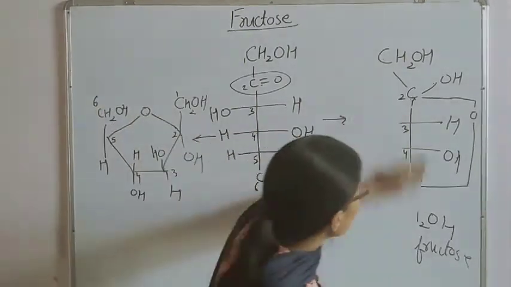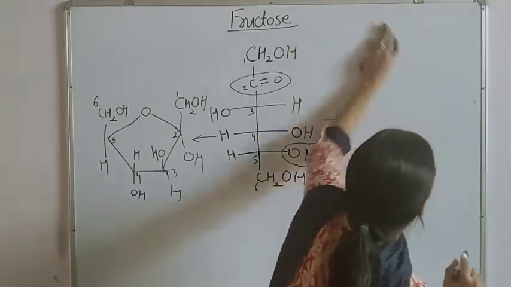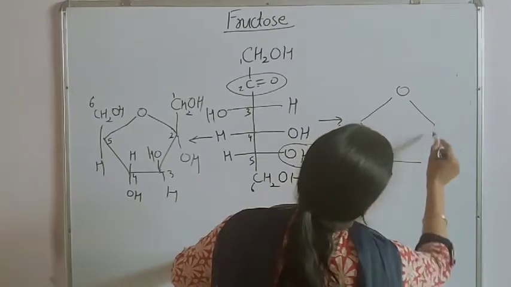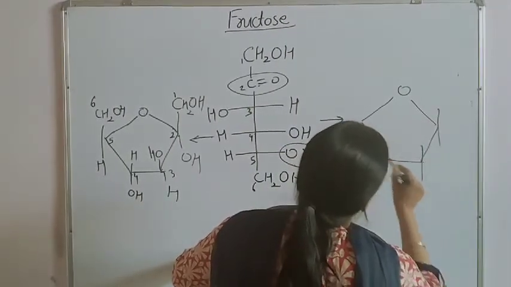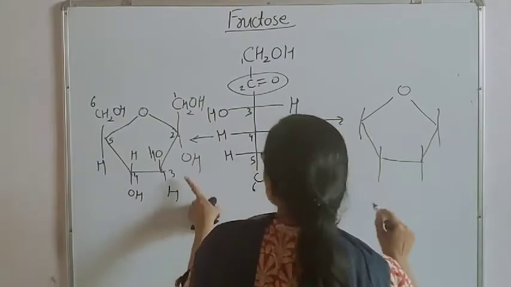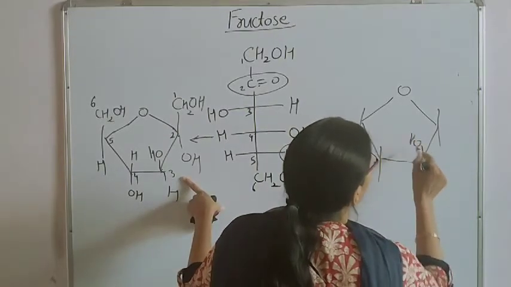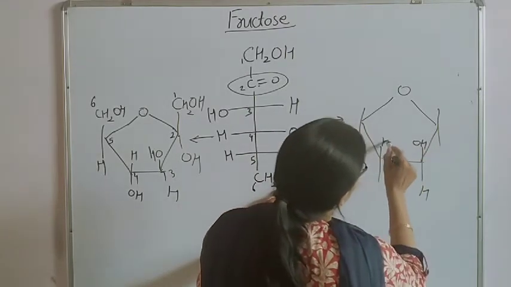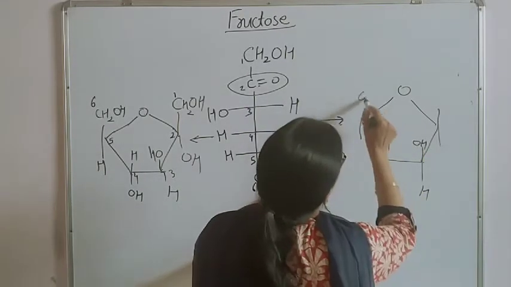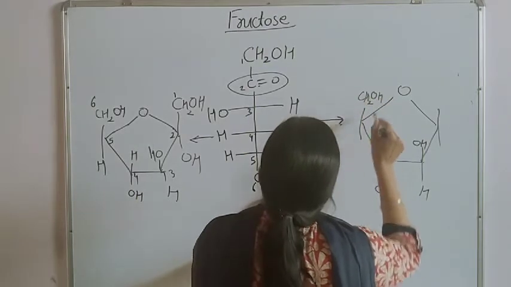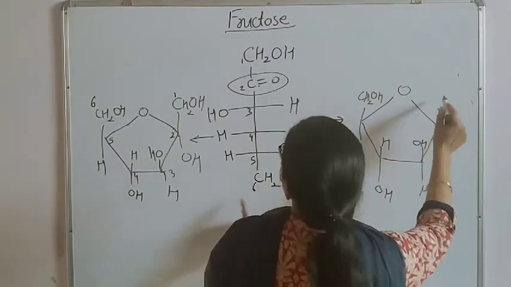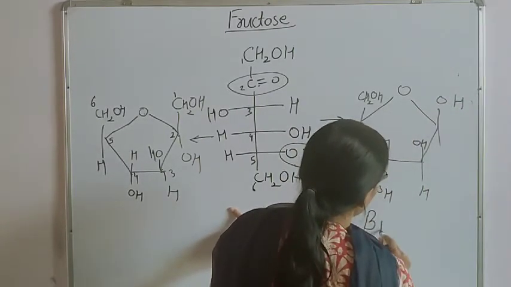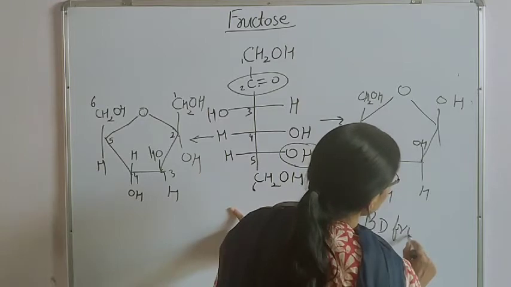Now, again I will draw the same kind of structure, oxygen here. For the number 3 carbon atom, OH, H, H, OH, CH2OH, hydrogen, and this time oxygen is here. Then this will be the beta D fructose structure.